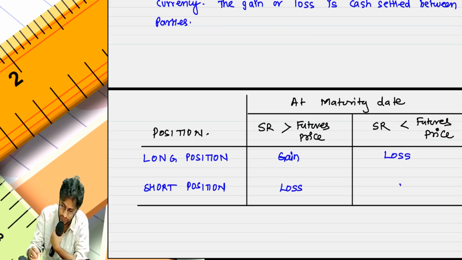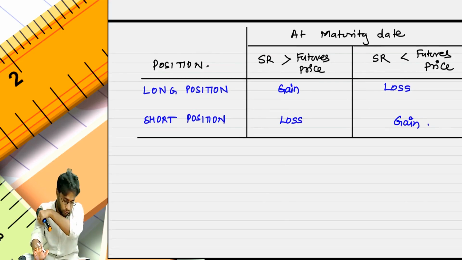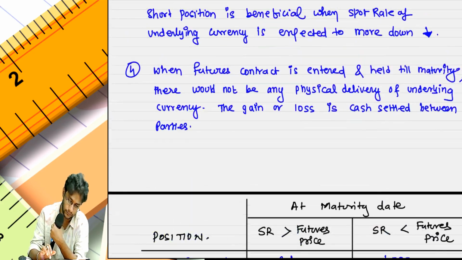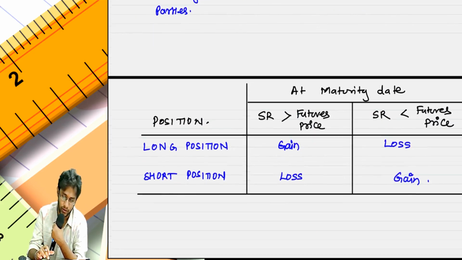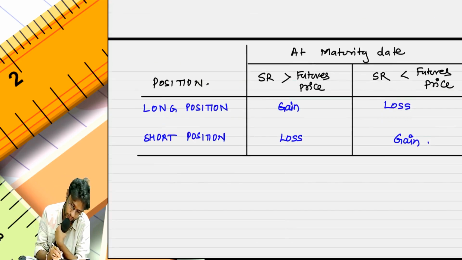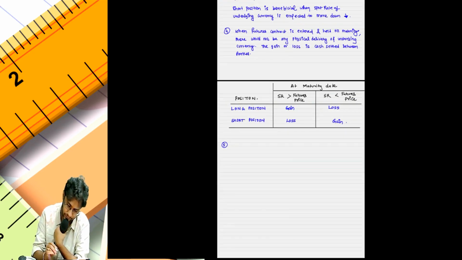You know all this, but just to be on the safe side, when you're revising it will be easy. You can revise all this in just 5 minutes. Fourth point is done.